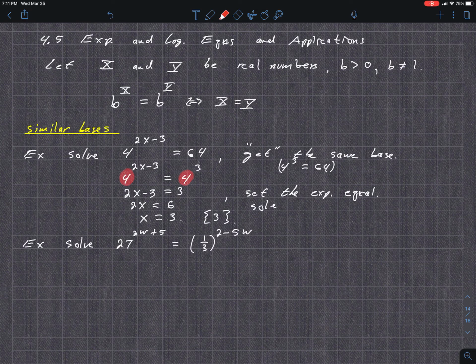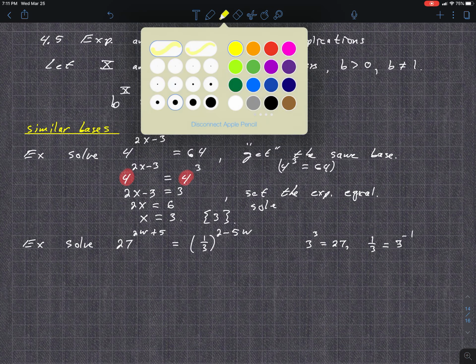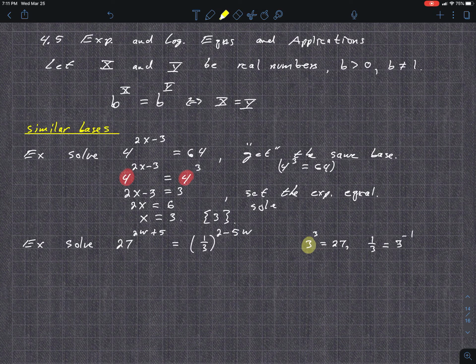Again, we want to get 27 and 1/3 to be similar. We have to realize that 3 is going to be in common. We know that 3 cubed is 27, and we can write 1/3 as 3 to the negative 1. Then the base will be the same.